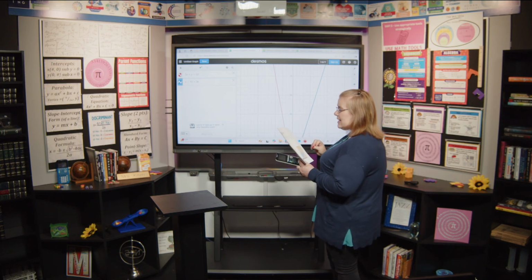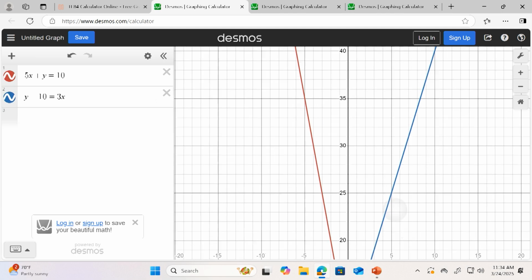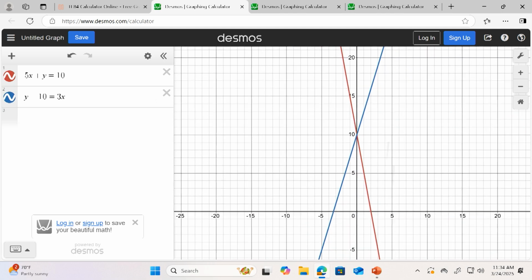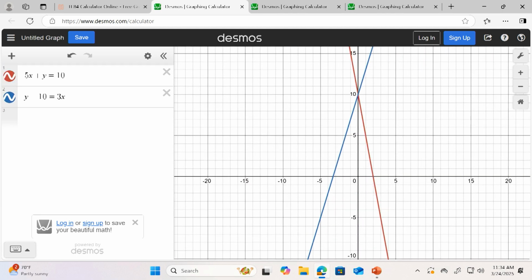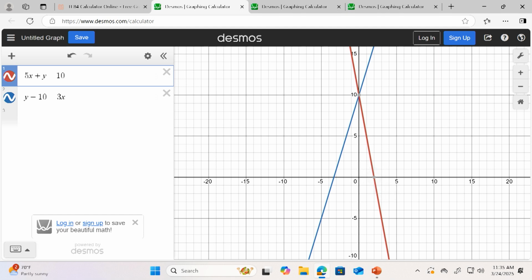The next one, it asks us about 20. So I need to go back down here and look at 20. So at 20, I'm only on my 5x plus y equals 10 graph. So both of those points are only on one graph. Now that second question asks us about negative 5, 2.